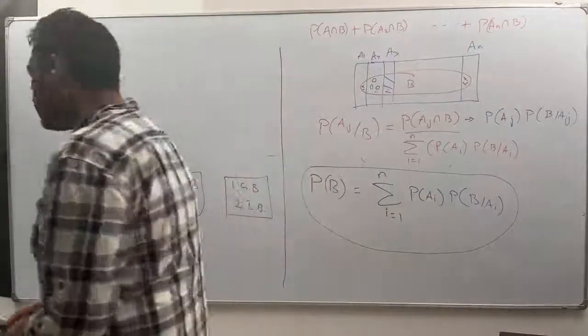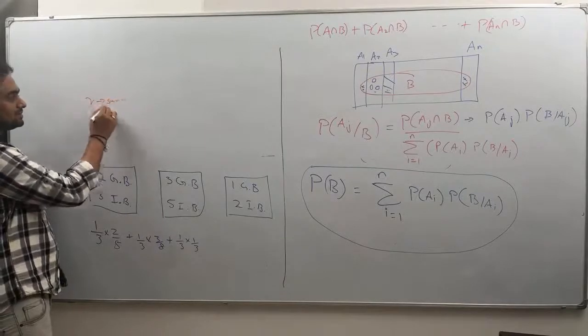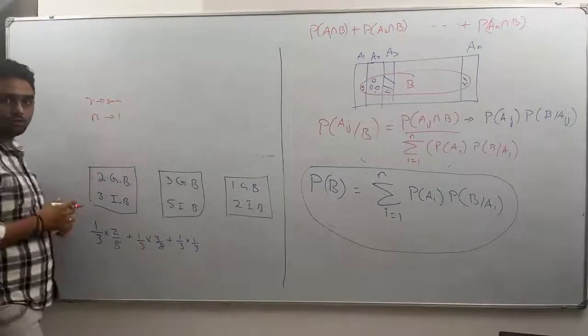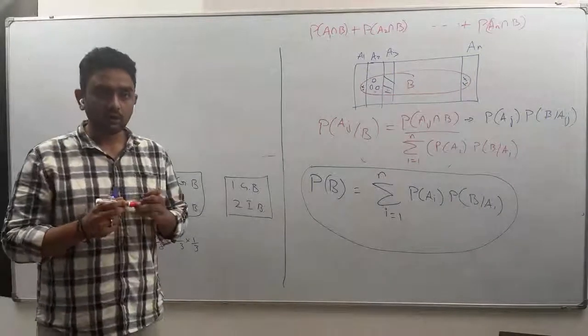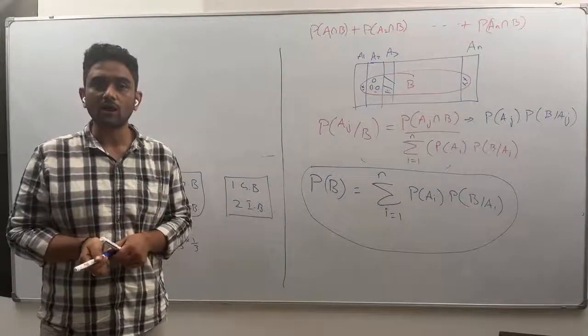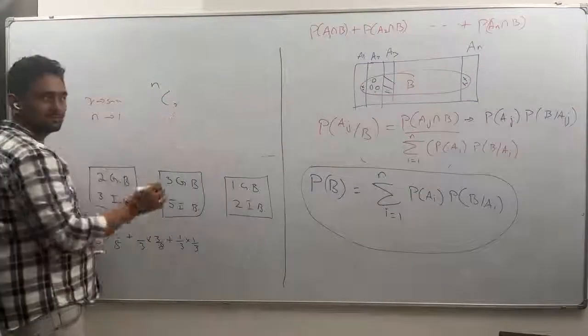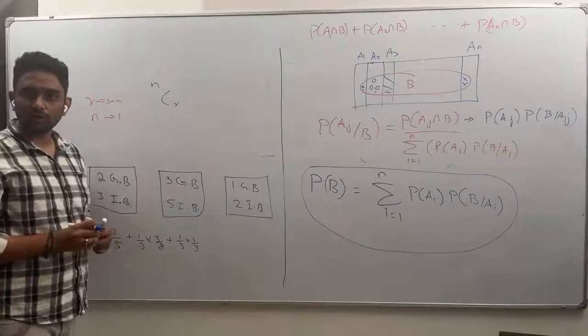That's it. Now if I ask you that I want r success in n trials, so what you'll do first, you will have to choose in which trials you will have success. So in how many ways you can choose r out of n? nCr. I want r success out of n.